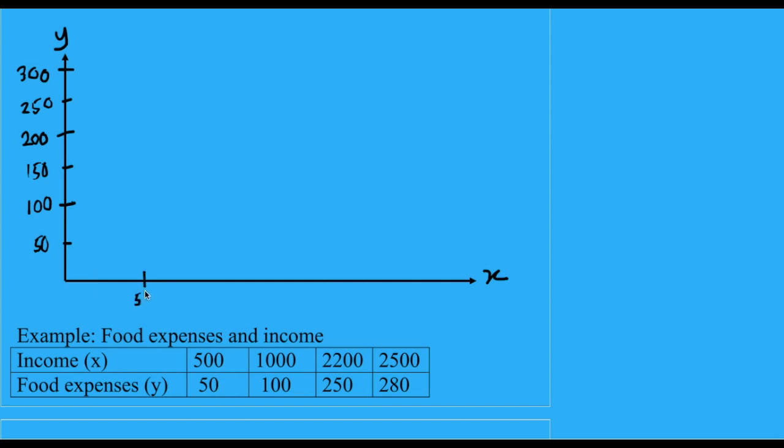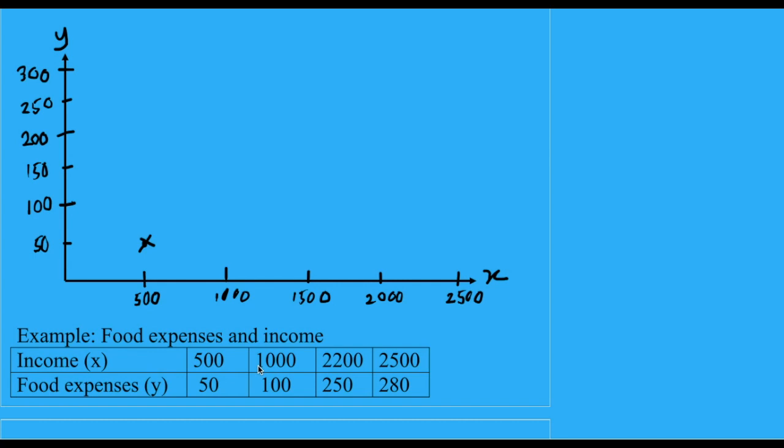So we have 500, 1,000, 1,500, 2,000, and 2,500. To plot a scatter diagram, we simply plot the values of x and y. When x is 500, y would be 50. I would plot this value using either a dot or a cross.